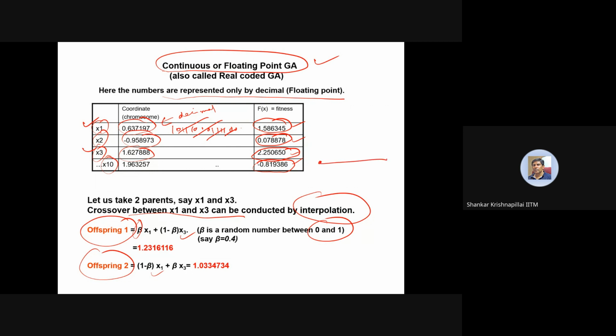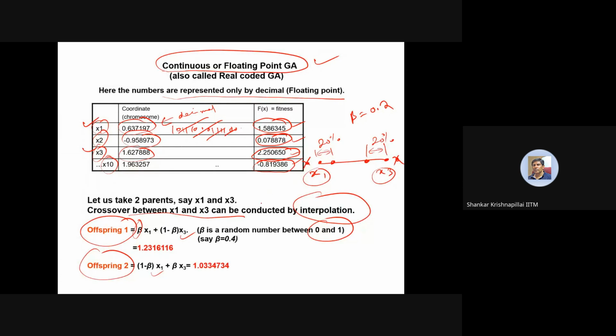Suppose the two parents are x1 and x3, and suppose beta is equal to 0.2. One offspring will be at a distance of 20% from x1, and another offspring will be at a distance of 20% from x3. Both offsprings will be inside x1 and x3; you won't get any outside.